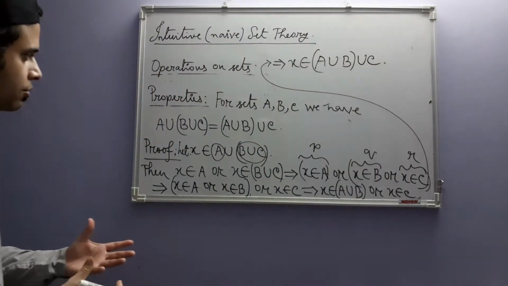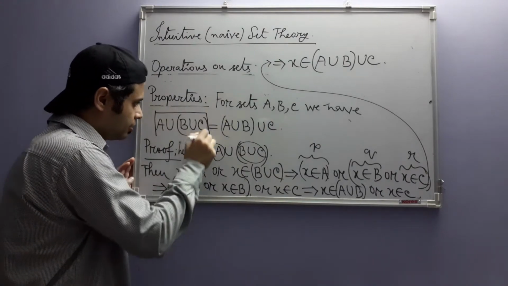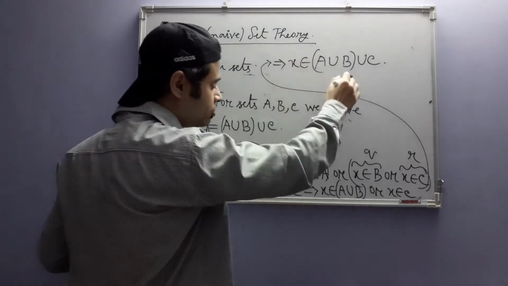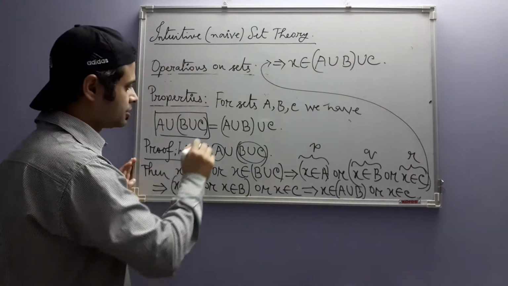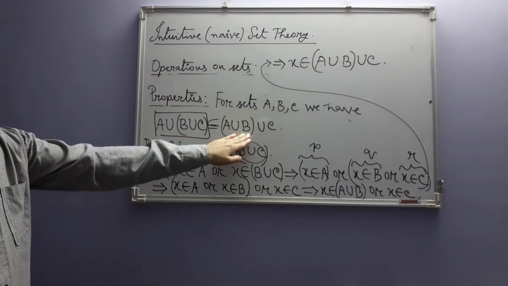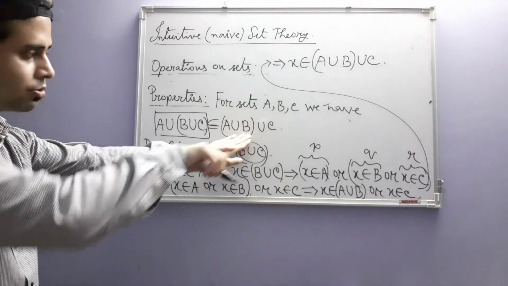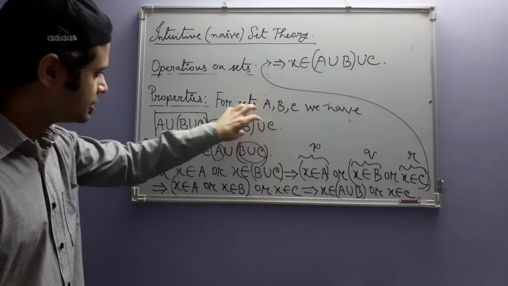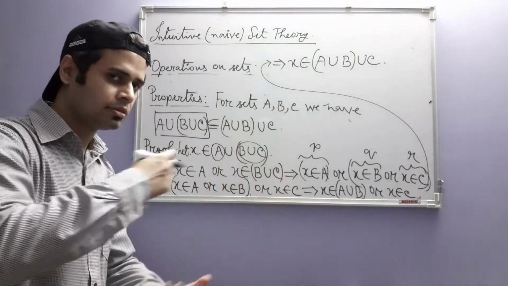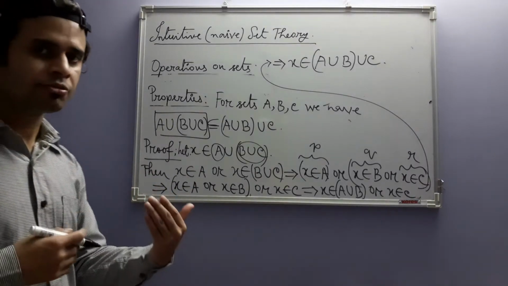So what have we shown? We have shown that any element x in this set A union B union C is again in A union B union C. That means this set is a subset of this set. In a similar manner, just like what we did in the previous proof, you can prove that this set is a subset of this set by taking any element y in this set and then doing all the steps in backward fashion.